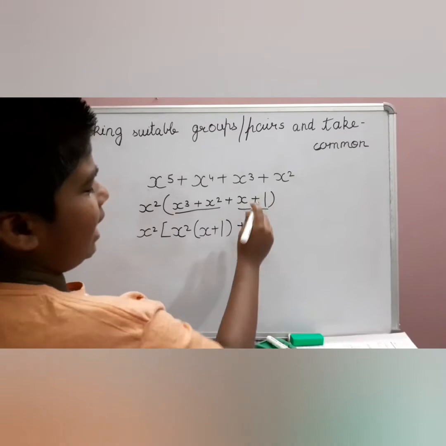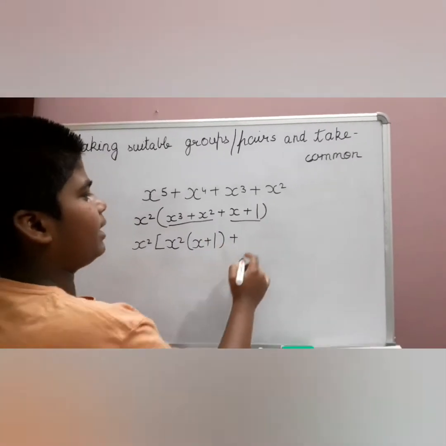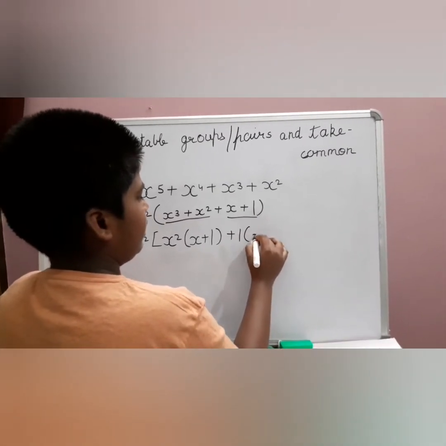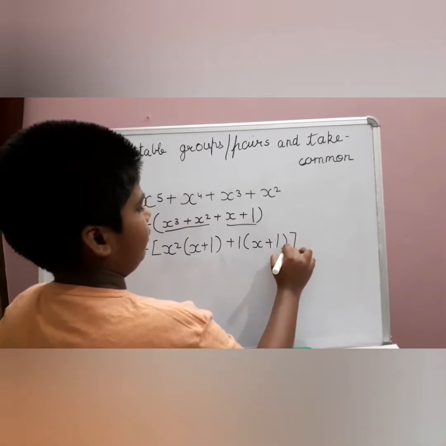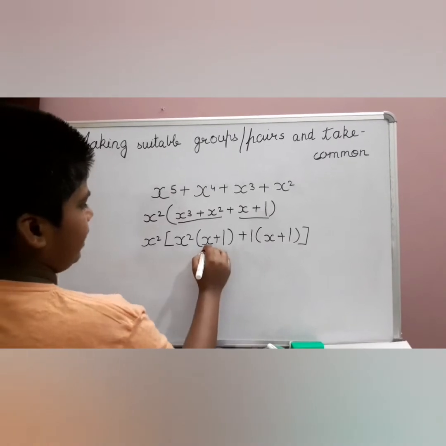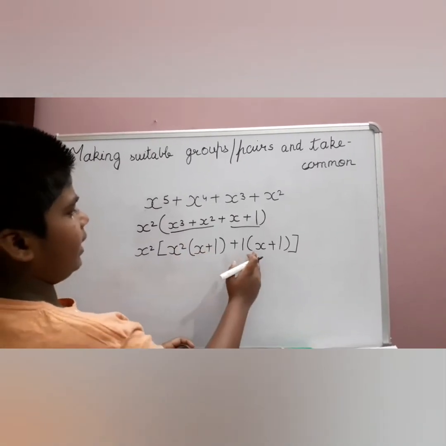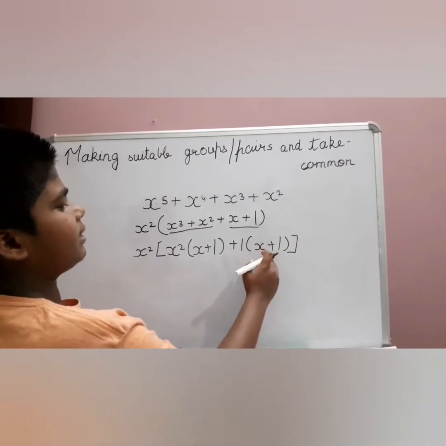Here also the largest term that can be taken common is 1. So we will take 1 common, x plus 1 will be left. Now we have two terms, x times (x plus 1) and plus 1 times (x plus 1).